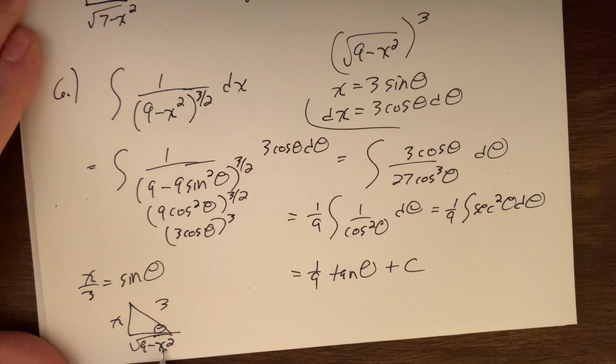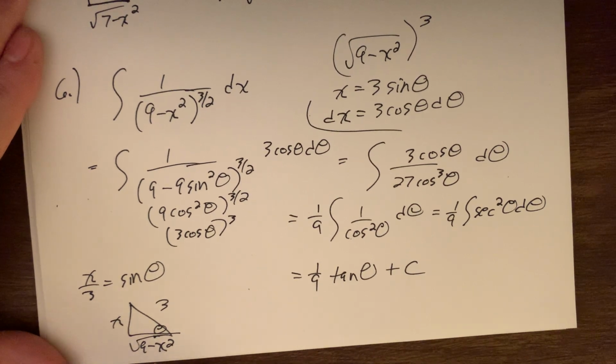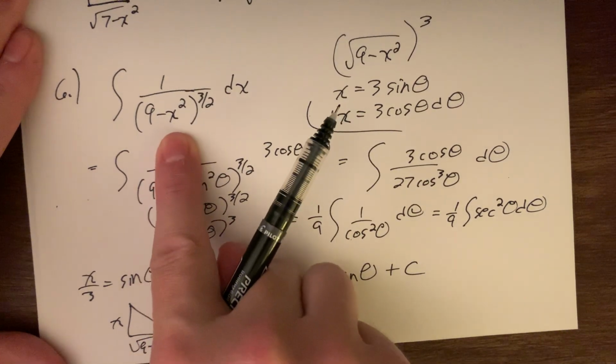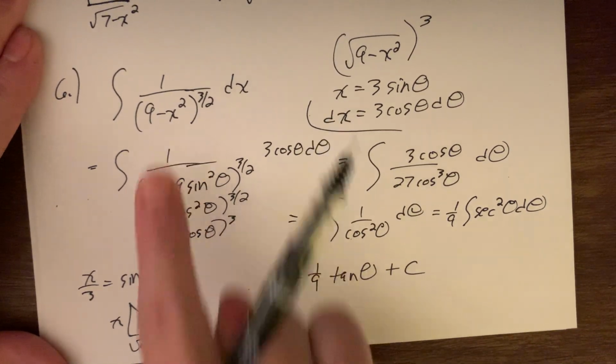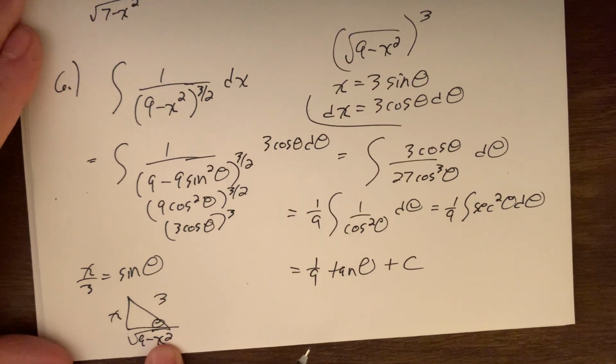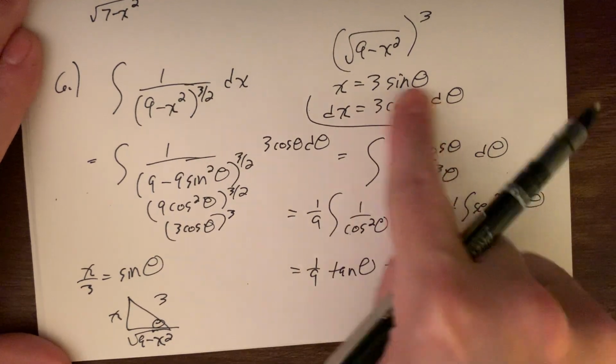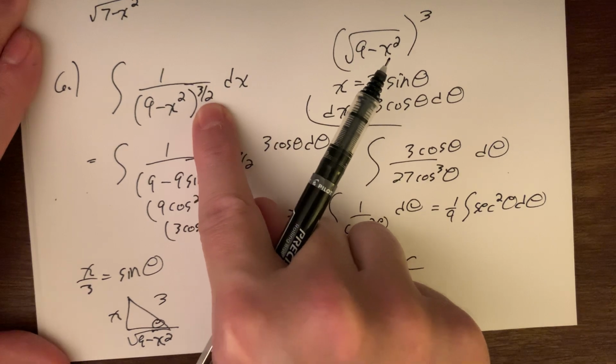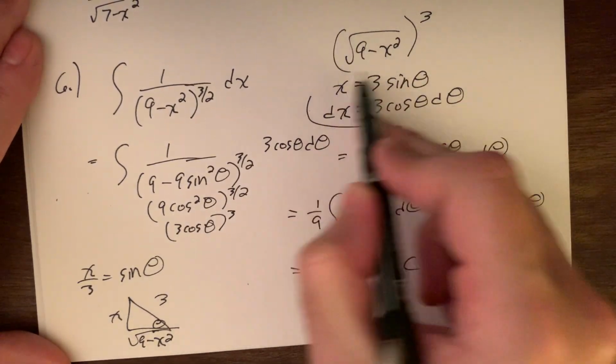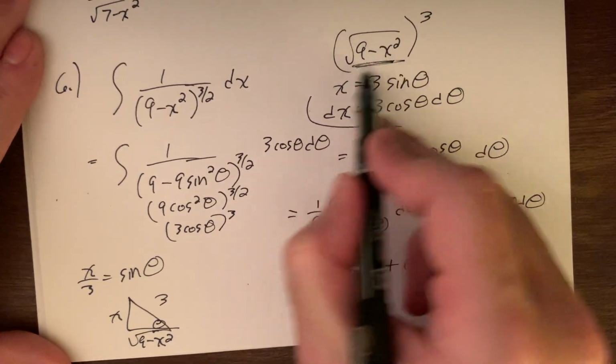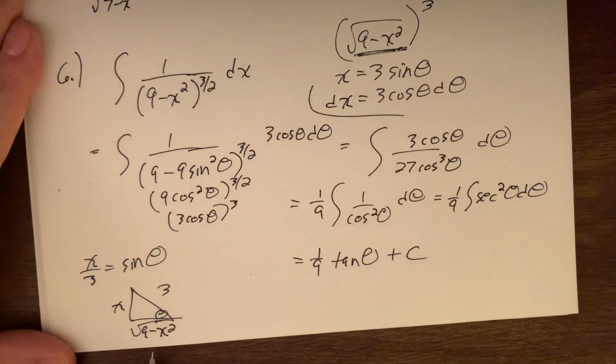Tiny little thing to notice, I said before that missing side should match the motivation, and that completely does. The motivation to use this trig sub wasn't because it was the 3/2 power, it was because the square root that was a part of it. This motivated the trig sub, and that's exactly what we ended up for that missing side.